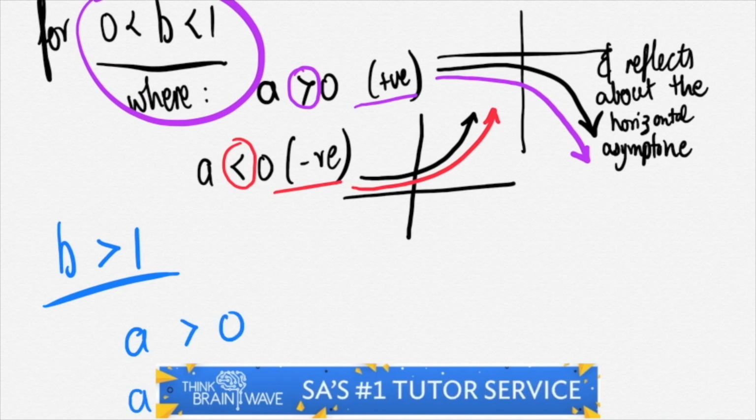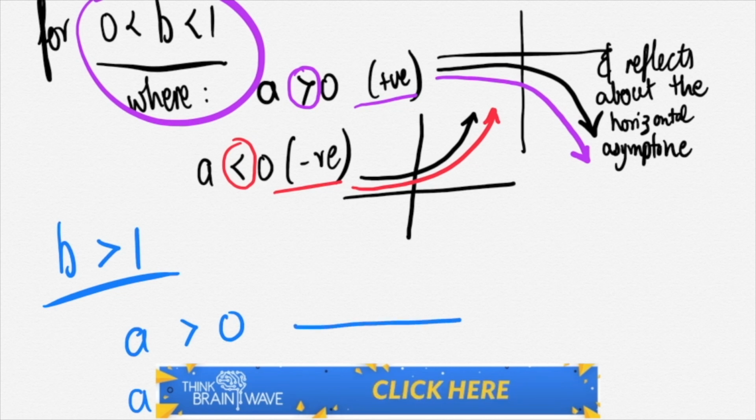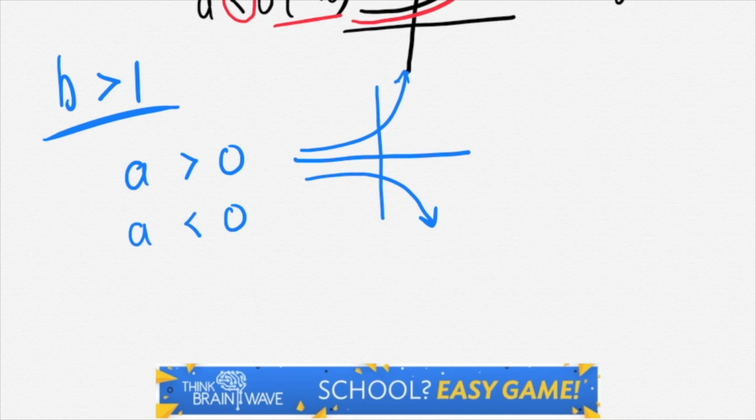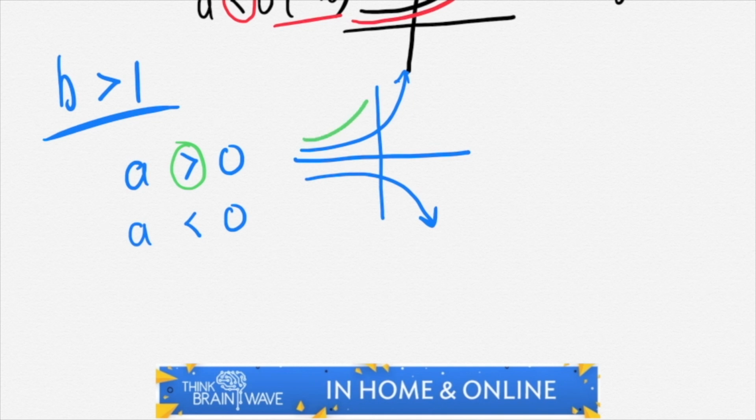When a is greater than 0 and b is greater than 1, we see a different situation. So let's draw the set of axes, and we'll say that a actually goes upwards when you've got b greater than 1 and a greater than 0. As in, when a is positive and b is greater than 1, the reverse happens to what we saw above.